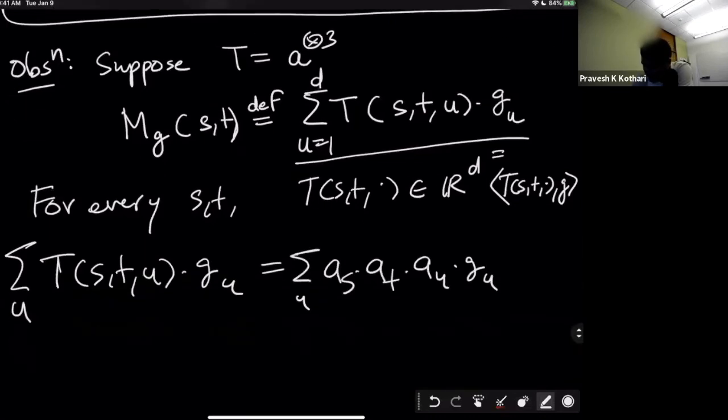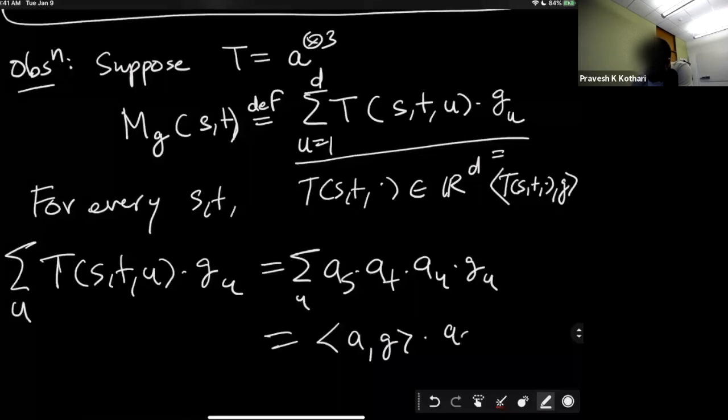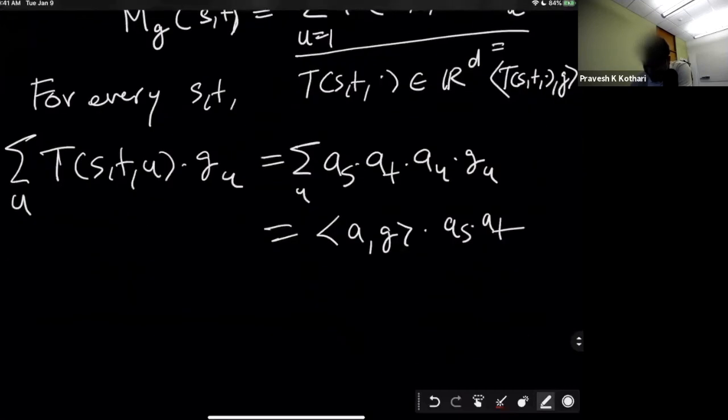And so that's the proof in gory detail that I've actually gotten ⟨a, g⟩ a_s a_t. So the st-th entry of this matrix is simply ⟨a, g⟩ times a_s a_t, which means that M sub g is ⟨a, g⟩ a a transposed.